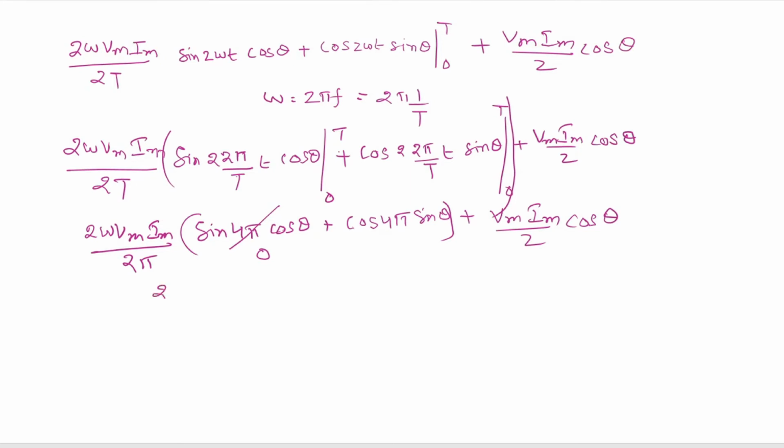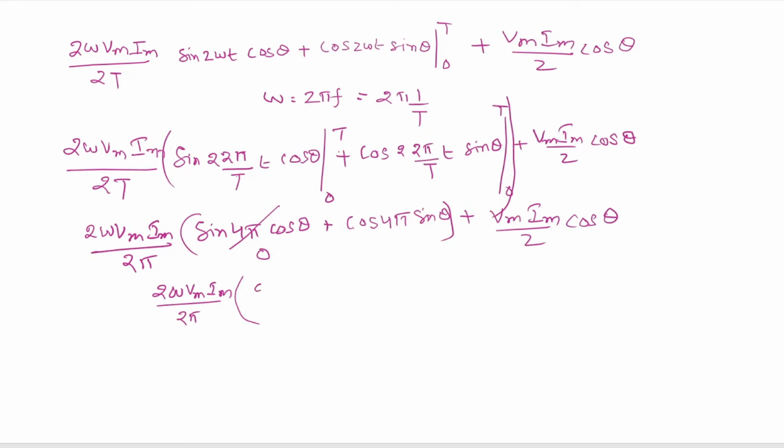So 2 omega Vm Im by 2 pi sin theta, and the other term becomes 0.